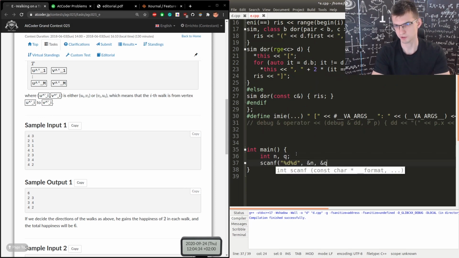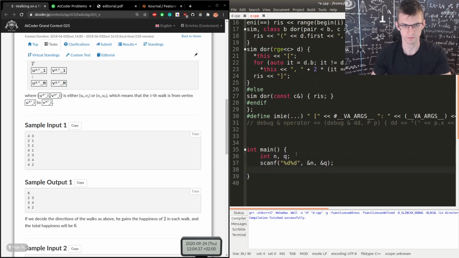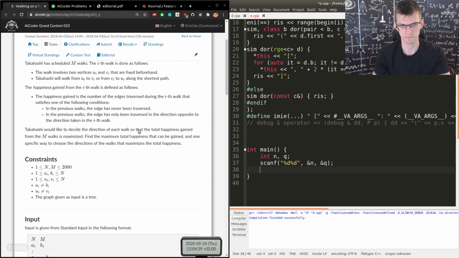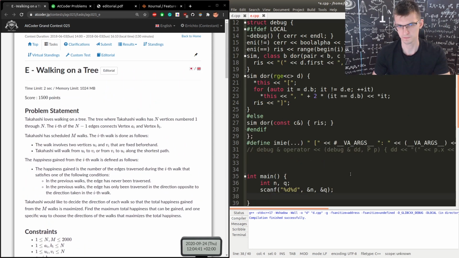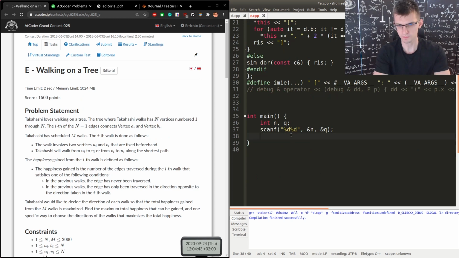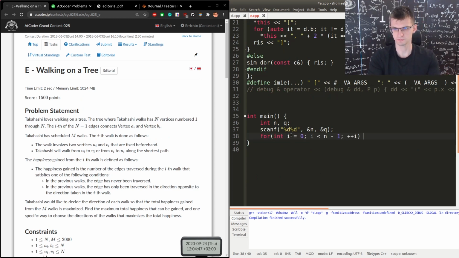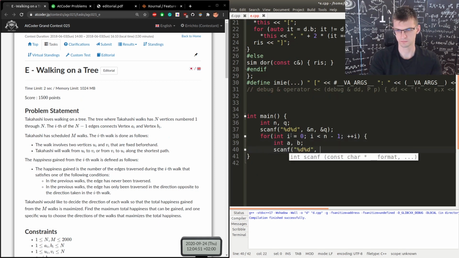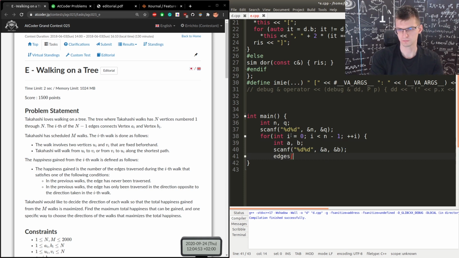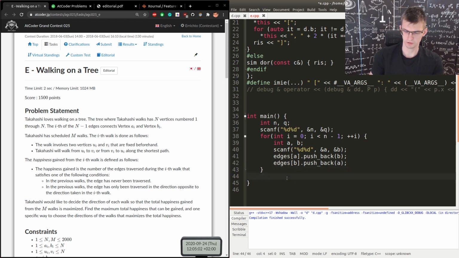Q will be the number of paths. There are also Q things.